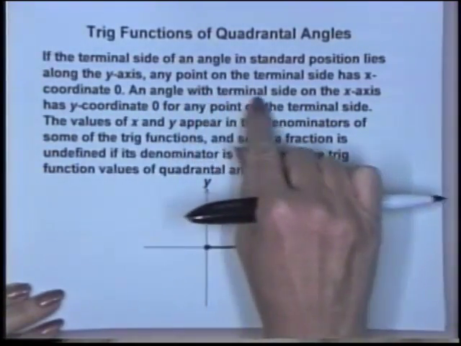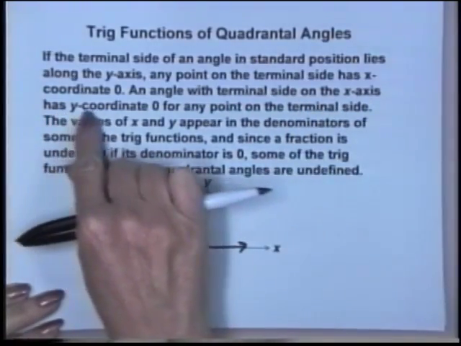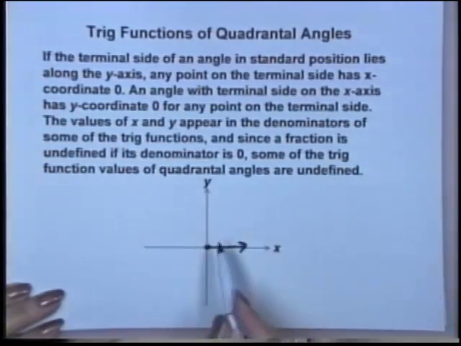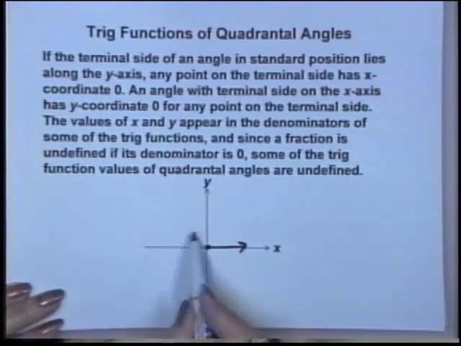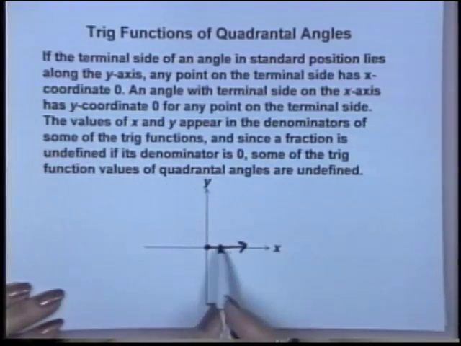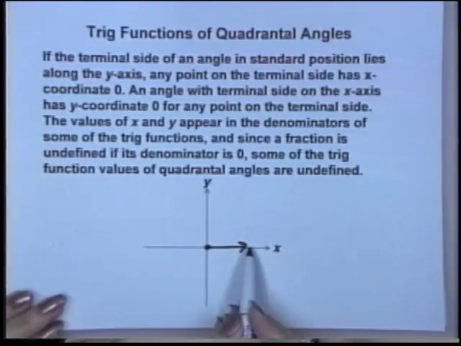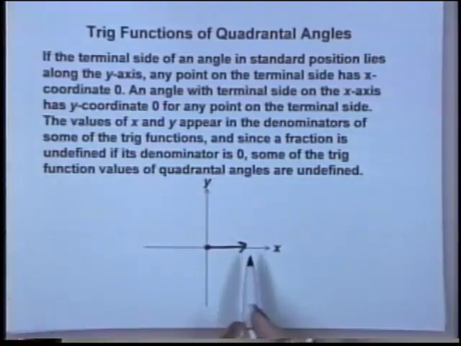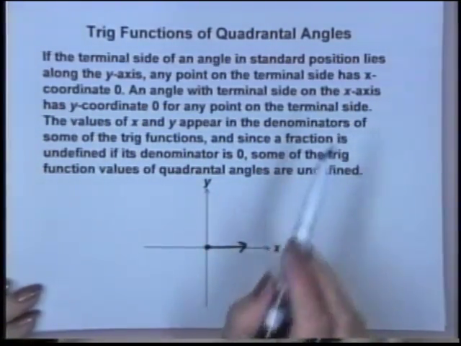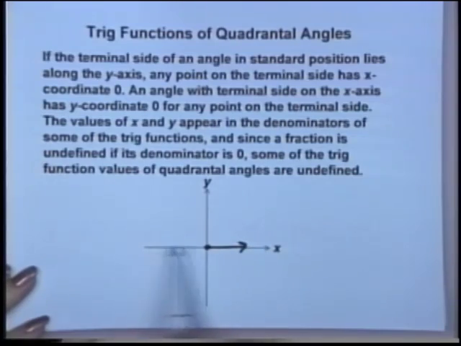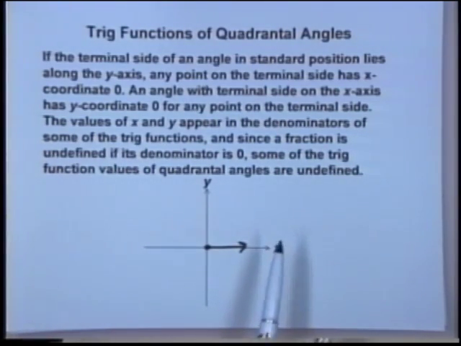Likewise, any angle with terminal side on the x-axis has a y-coordinate of 0. That would be 0 or 180, or if we went all the way around the terminal side on the positive x, could be 360. So any point that we chose, the y-coordinate would equal 0.